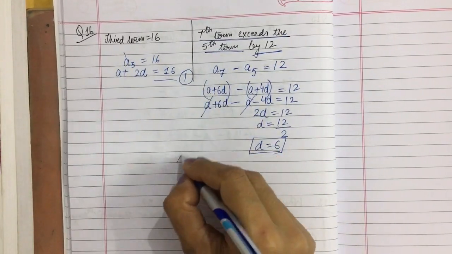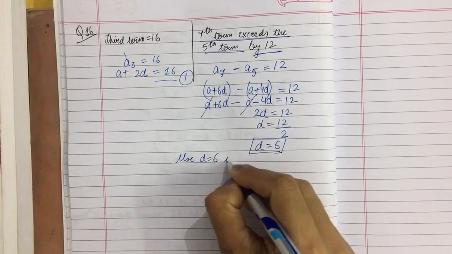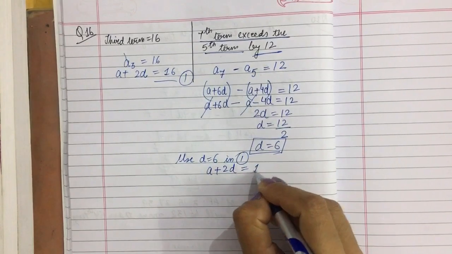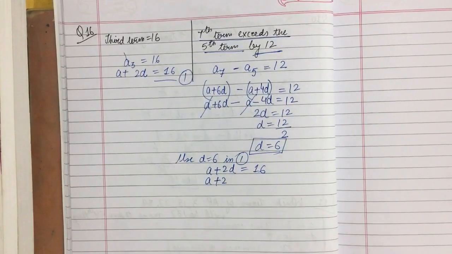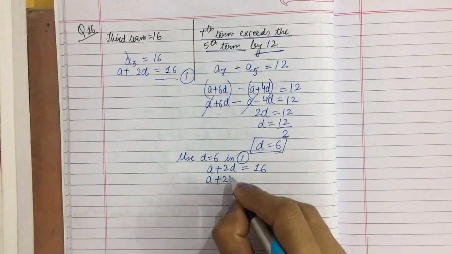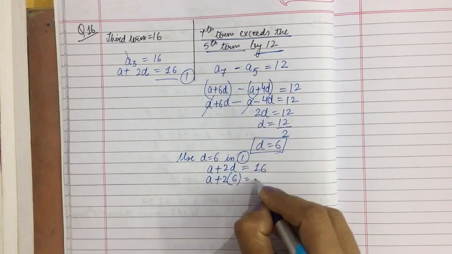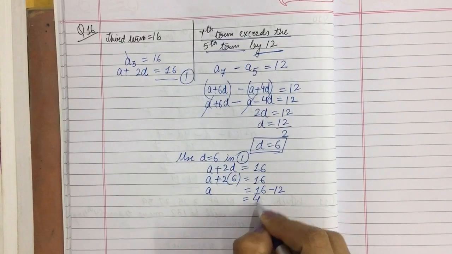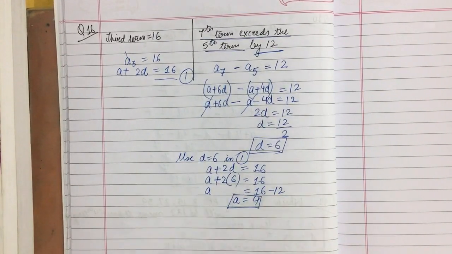Let's use it in 1. A plus 2D equals 16. So the value of A from here comes out to be 4.